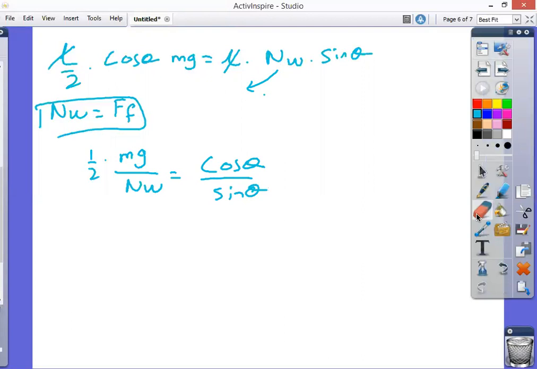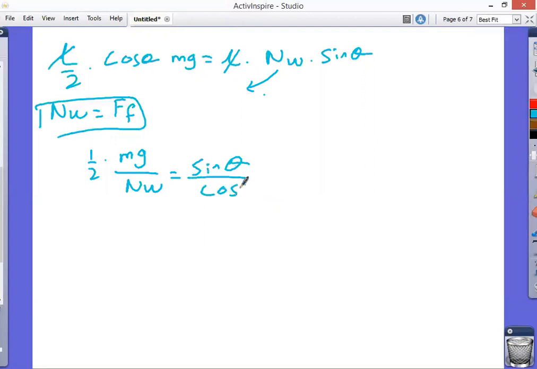What does sine theta over cos theta mean? It means tangent theta, right?